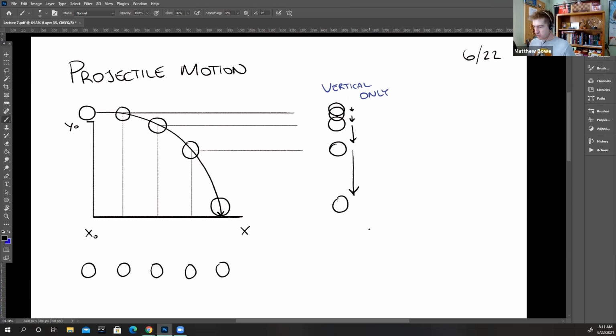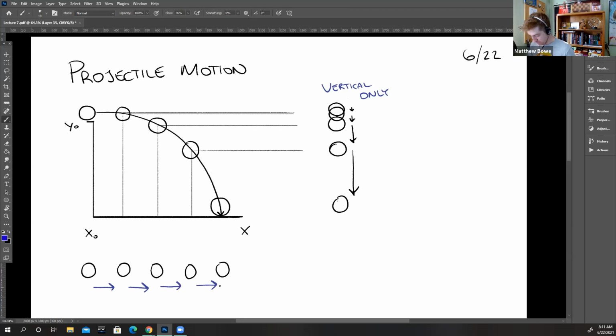This is true in nature, that if something is moving in a horizontal direction and it's not accelerating, it will continue to move at that velocity. So let me show that after one slice of time, it moves with that velocity, it moves with that velocity.